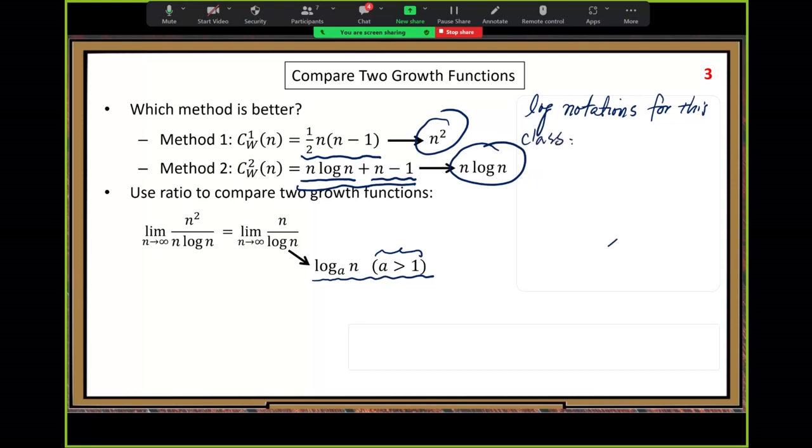We know there are several cases. One is the natural log, base e.